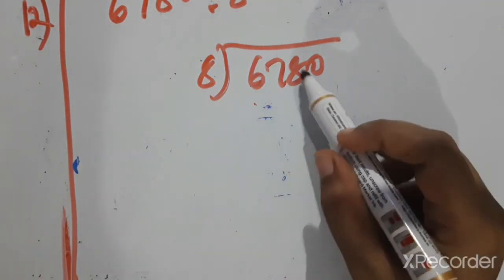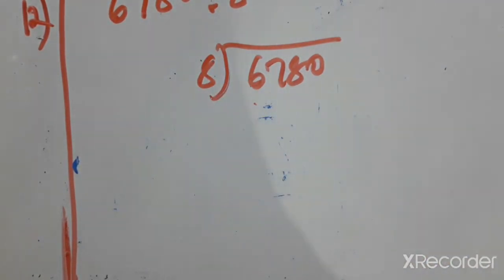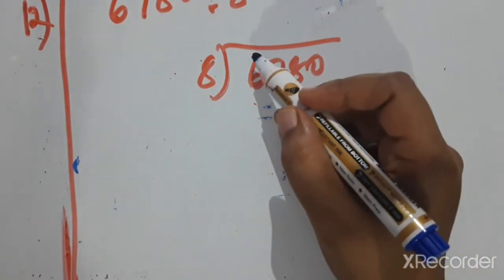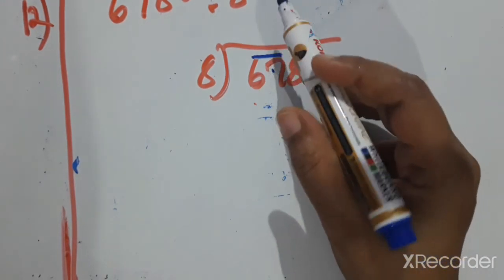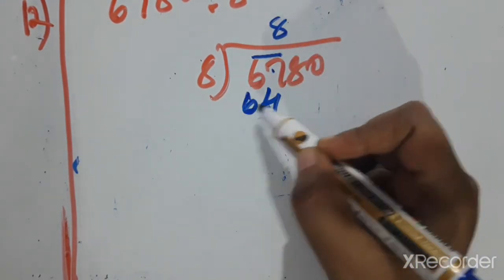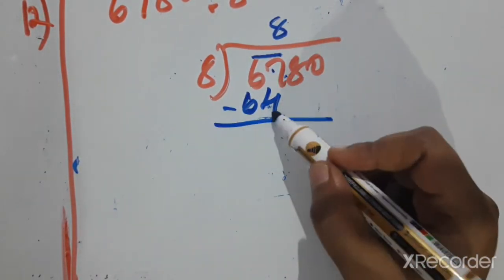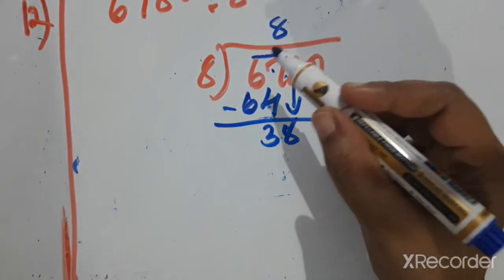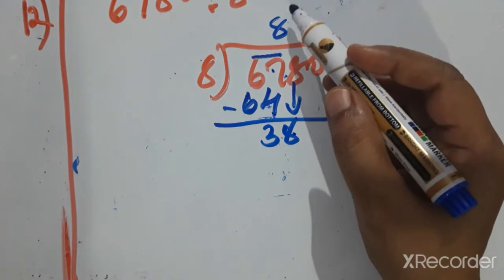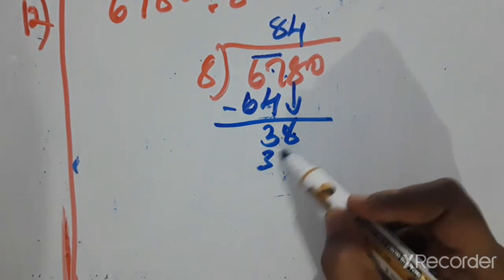Next number 6780 divided by 8. We have to consider 6, but we can't because we have to consider 2 digits. 8 how much is nearer to 67? 8 8s are 64. Minus means 3 after subtraction. Bring this 8 down. 8 how much is nearer to 38? 8 4s are 32.